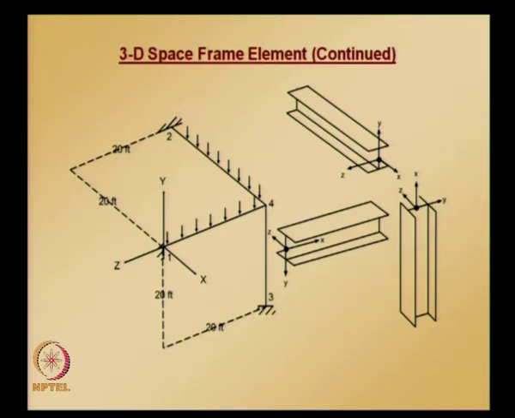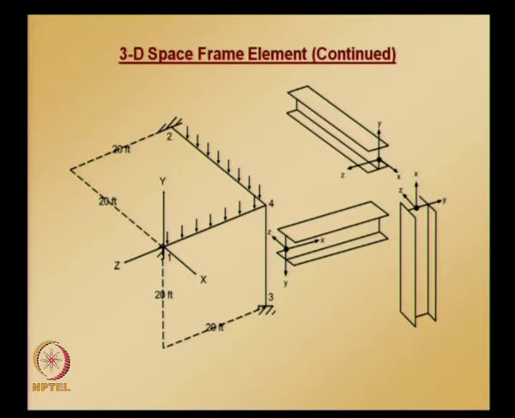And similarly, the orientation angle alpha for element 2, which is connecting nodes 2 and 4, you can easily check the angle between global y axis and local y axis is equal to 0. Once we know the coordinates of nodes 2 and 4, you can easily find the rotation matrix.